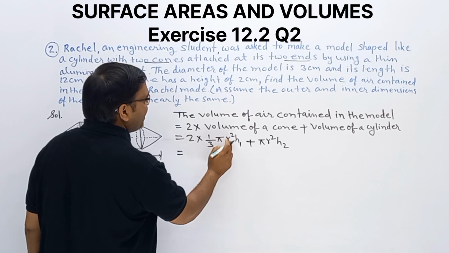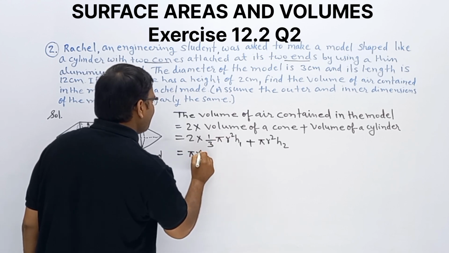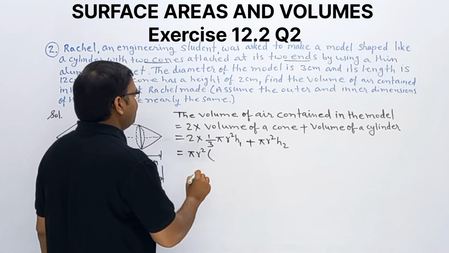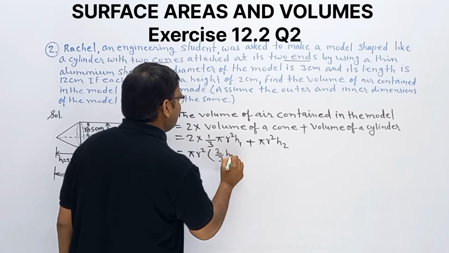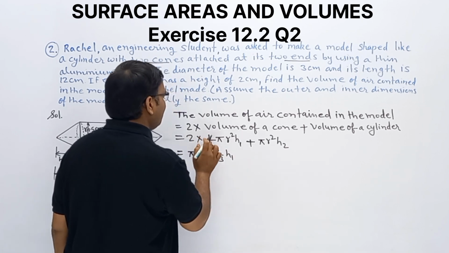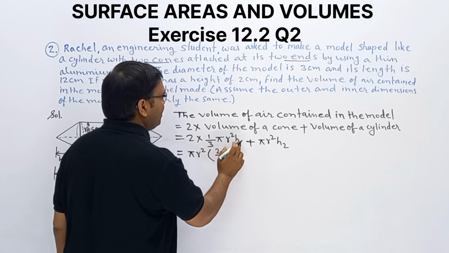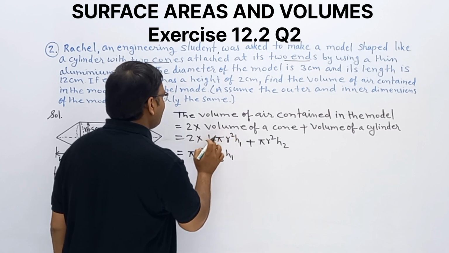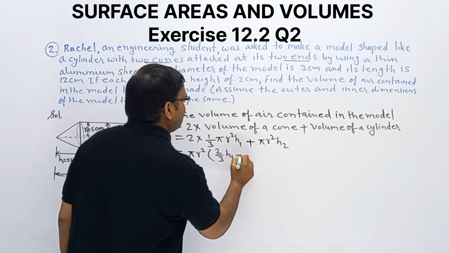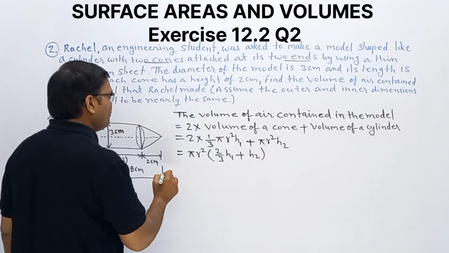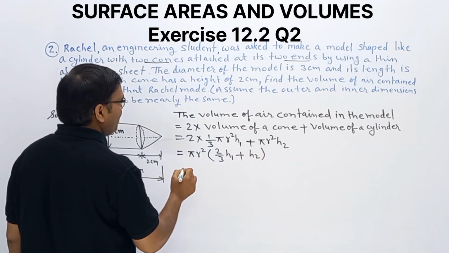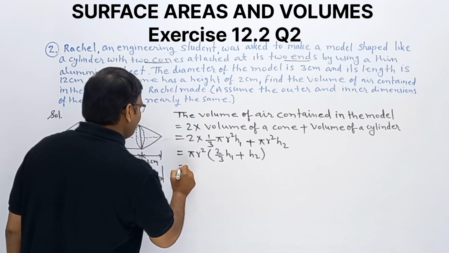Now take pi r square as a common. Then what is the remaining? 2/3 into h1, 2 into 1/3 is 2/3. So pi r square times 2/3 h1 plus h2. Now put the values of r, h1, h2 and pi.